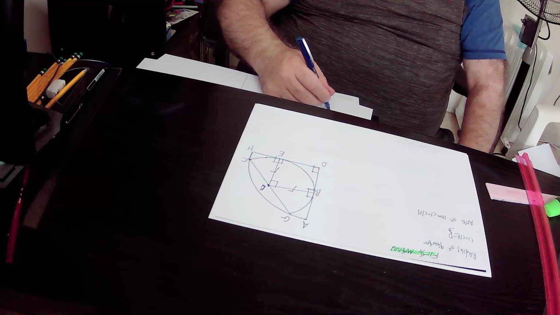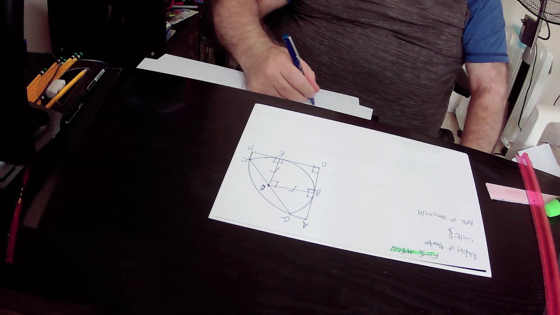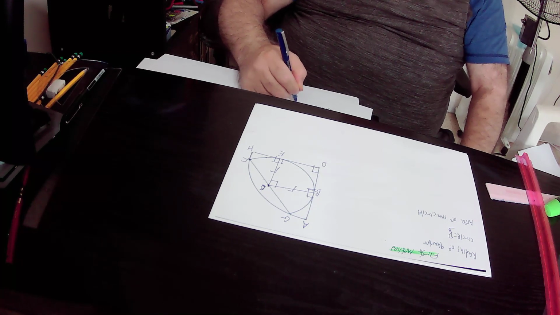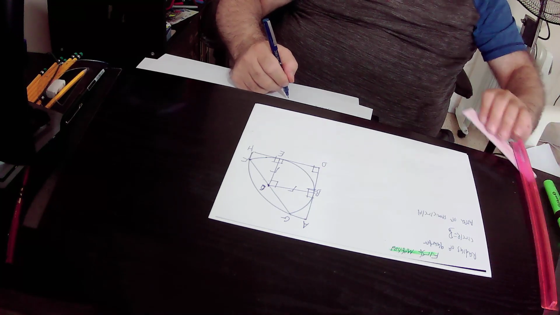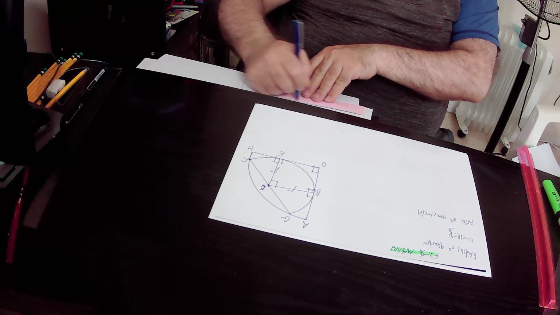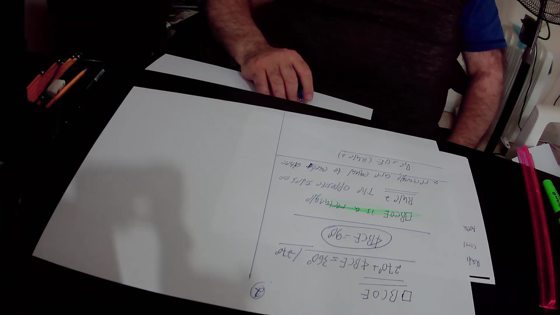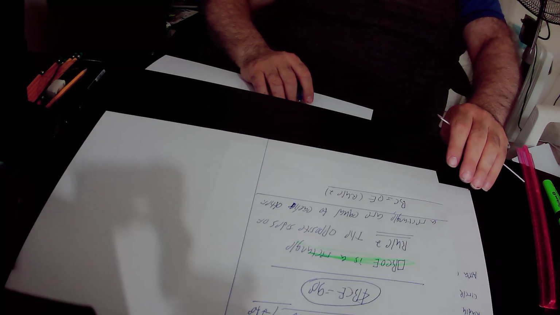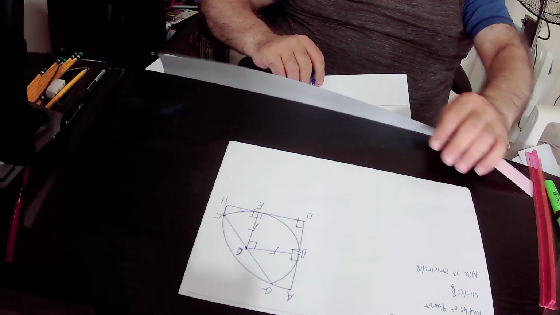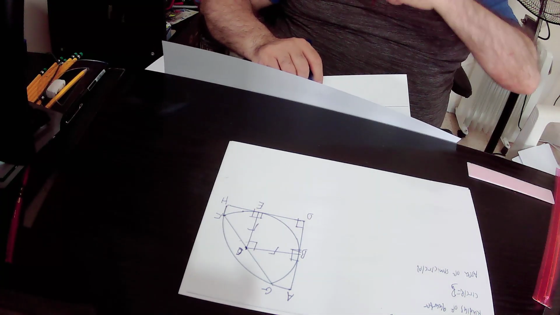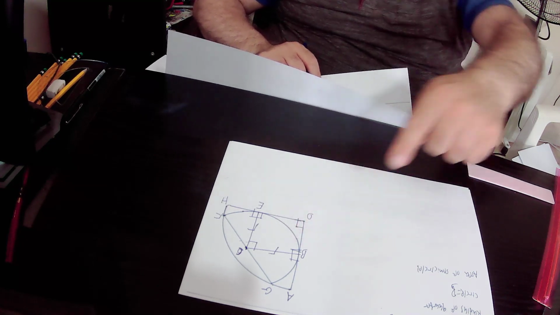So side BC is equal to side OE, according to rule number 2, that the opposite sides of a rectangle are equal to each other. But we have already found out that BC equals R. It is the radius of the semicircle.